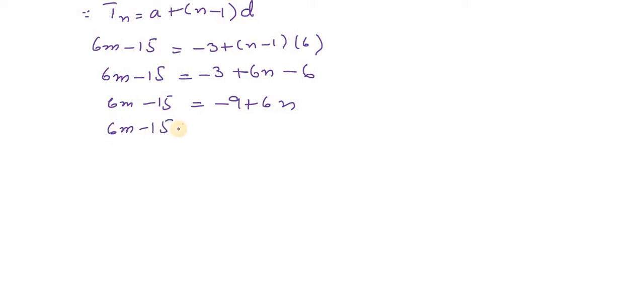6m minus 15 plus 9 is equal to 6n. We have to find which term, the n. 6m minus 9 plus 15 is minus 6. We take 6 as a common and 6 is cancelled with 6.